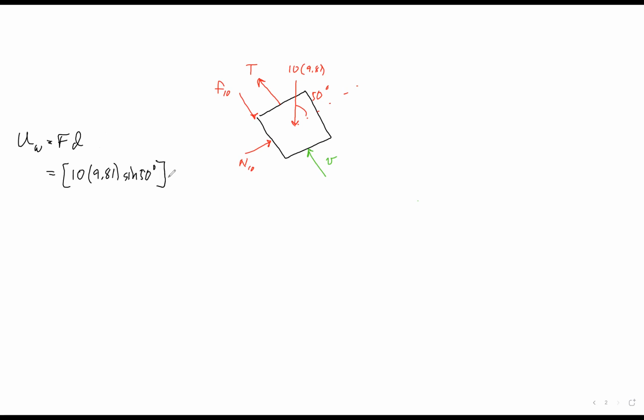And then the distance traveled is going to be 0.3. However, the component that we are talking about, if we were to do a triangle, is in the opposite direction of the motion. So we do have to put a negative. Right? That calculates out to be negative 22.5 joules.